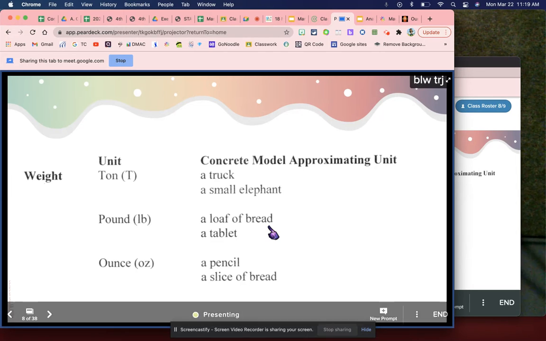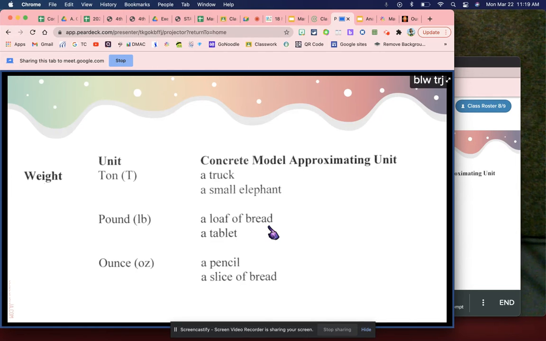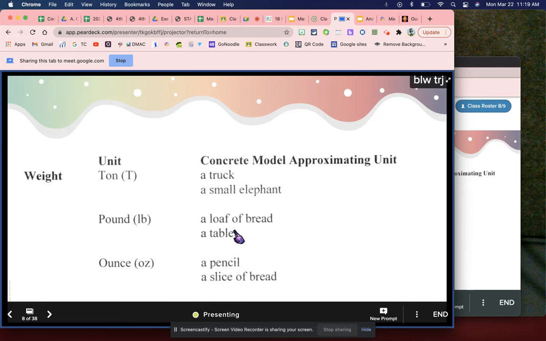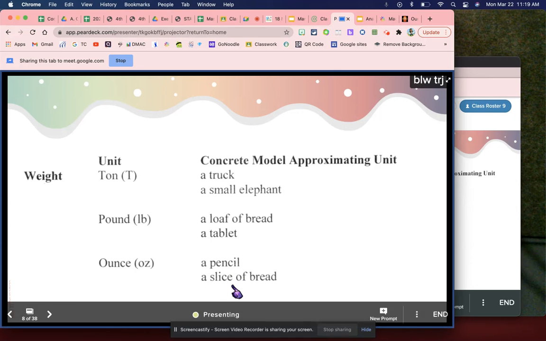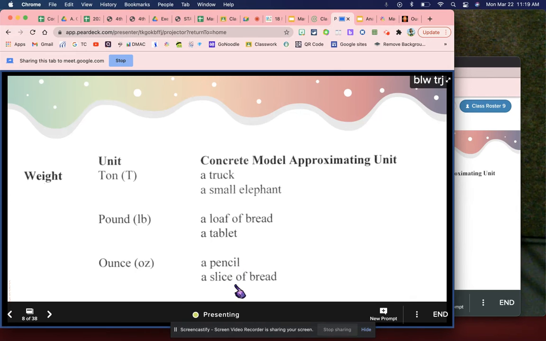Not just one piece of bread, the whole barra. Your tablet, like your iPad. Ounce, we have a pencil, like the pencil that you have in front of you. We can weigh that in ounces. Or 1 slice of bread, un pedacito de pan. To help you think.